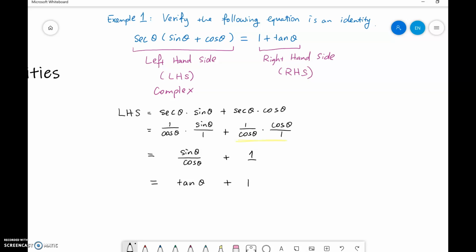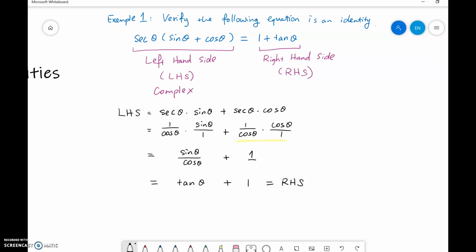So after simplifying the left-hand side, I end up with tangent theta plus 1, which is equal to the right-hand side. It's not exactly the same, the order is slightly different, but 2 plus 3 is the same as 3 plus 2. And we are done with this example.